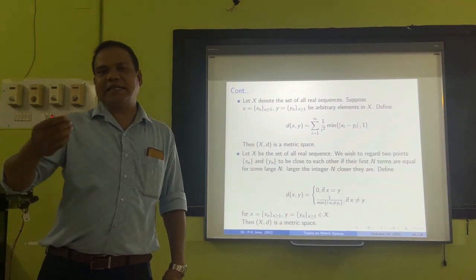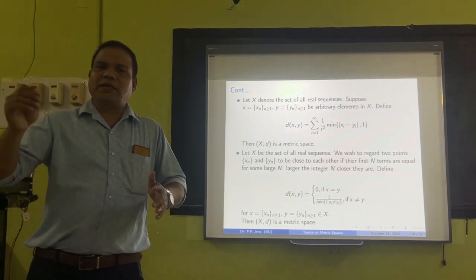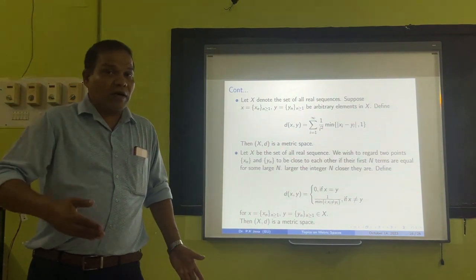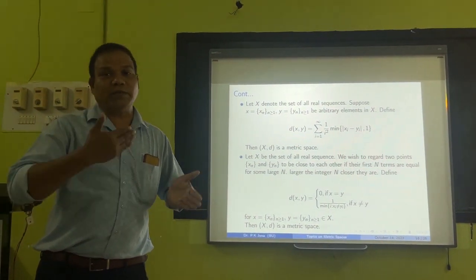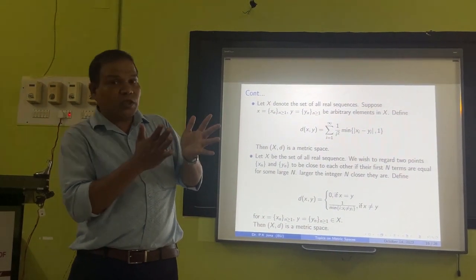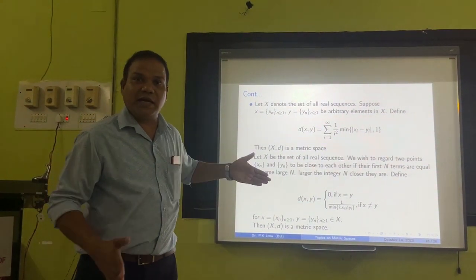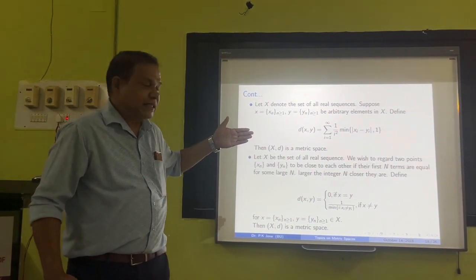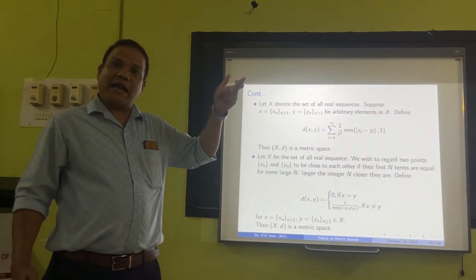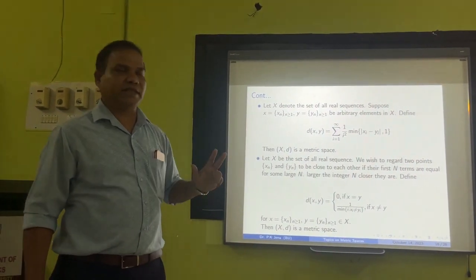The sequence xn, the ordered tuple which has infinitely many elements x1, x2, and so on. Why are we considering examples of metrics on sequences? Gradually we are observing the dependence of the elements of the set. That's why we have noted here the examples of metric spaces from R, Rn, C, Cn, then Lp. It has a good sequence, in my sense.